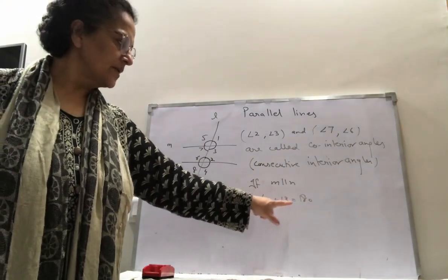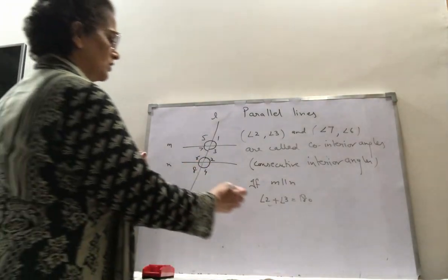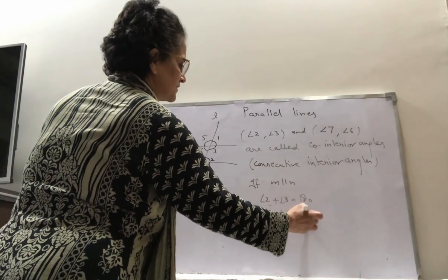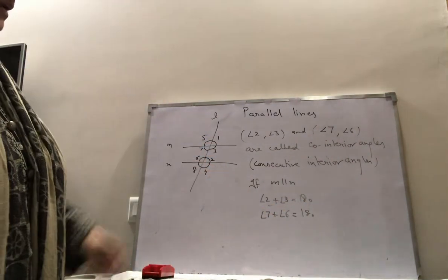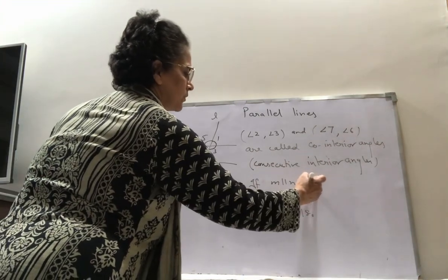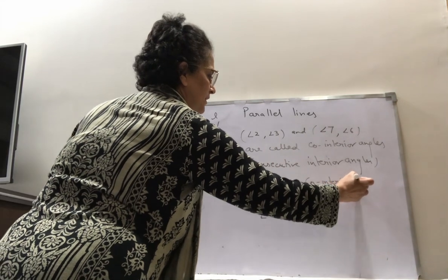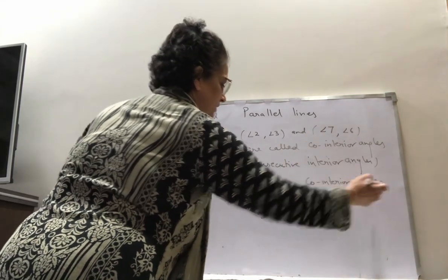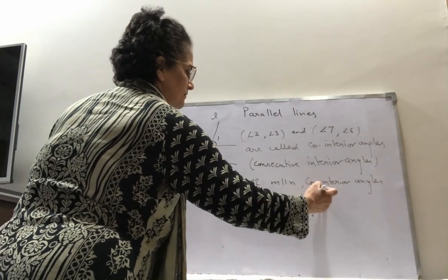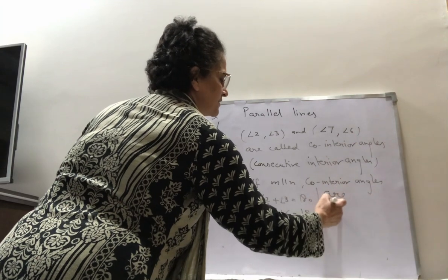They will add up and the measure will be 180 after addition. Also we can say angle 7 plus angle 6 are on the same side. So if lines are parallel, these are my co-interior angles, I'll add here, are supplementary.